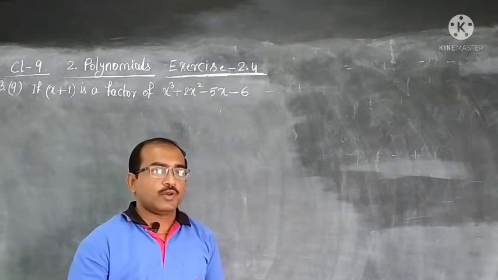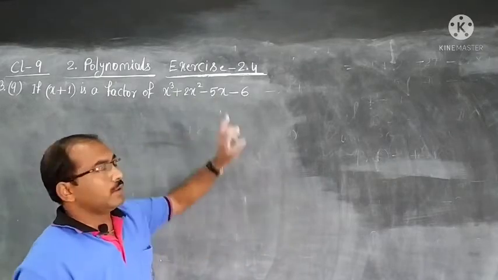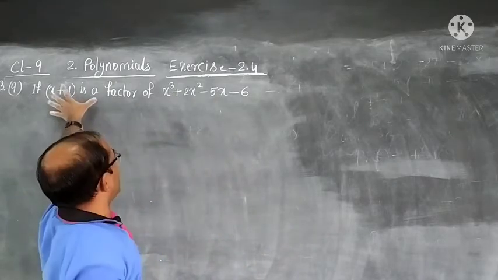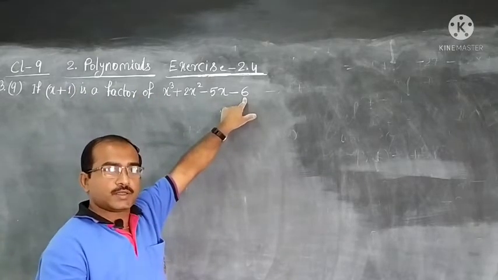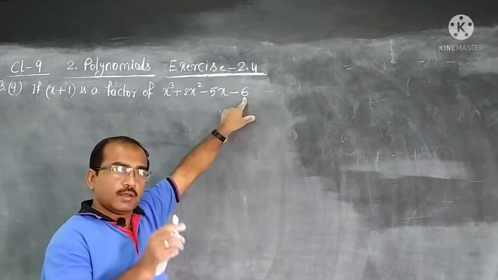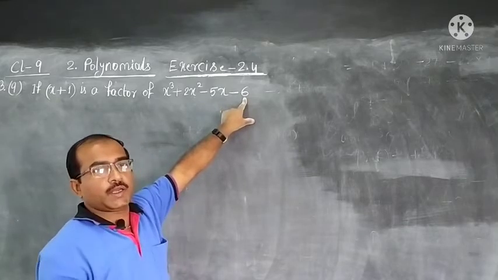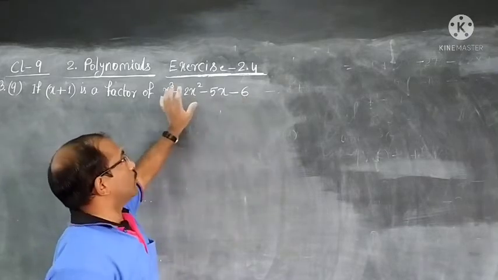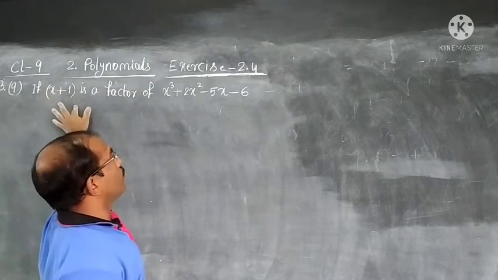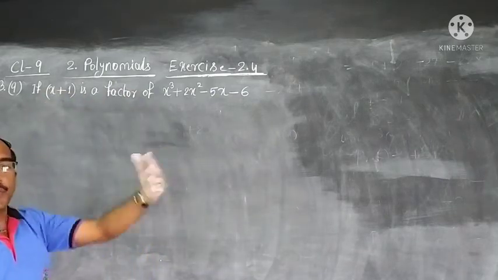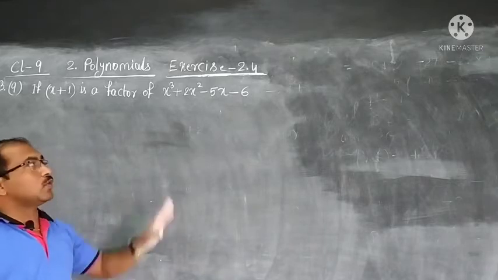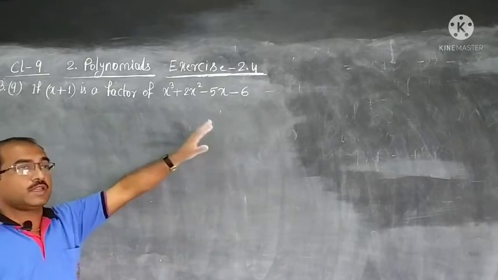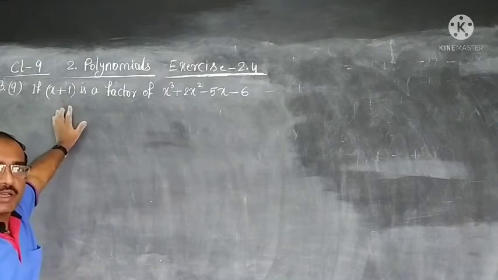There was also a cubic polynomial, but the factor was not given. So we were going for factors of the constant term and then finding one factor. After finding one factor of the polynomial, we used to write a statement and then go for division, but here we already have the factor, no need to search the factors of the constant term to get one factor, it is there.